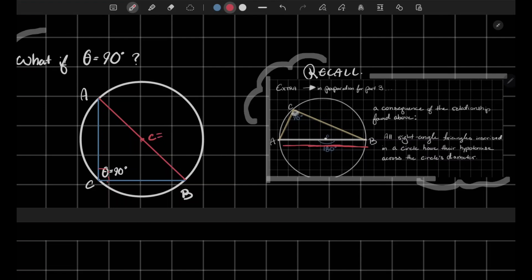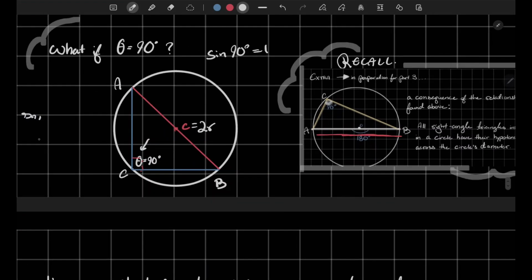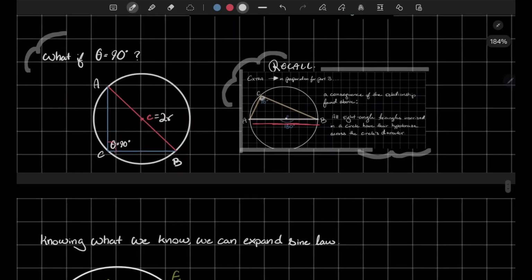So C equals 2R. And also sine of 90, because in this case theta is 90, equals 1. So when we do C over sine of 90, we're just going to get C, which we know is equal to 2R. So it is equal to the diameter. But yeah, this is more of a little tangent.